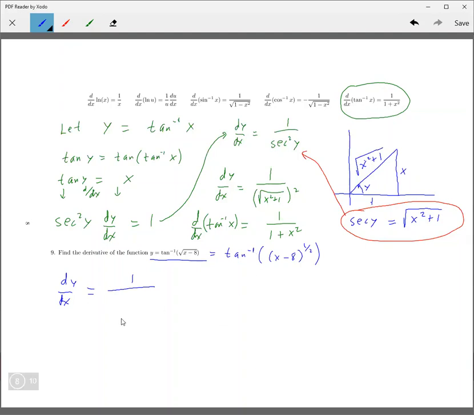So it's going to be 1 over, here's the tangent right here. So it's 1 over 1 plus whatever's inside squared, times the derivative of inside. So here we're taking the derivative of this. Like that. So that's the derivative.